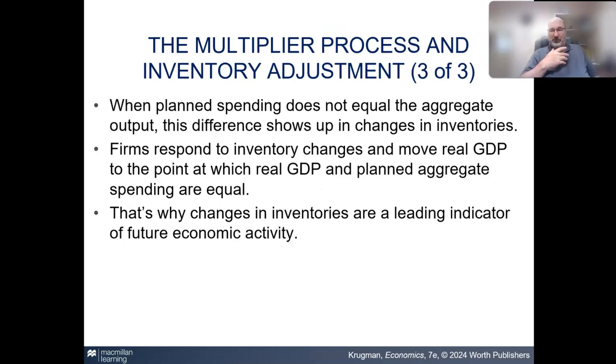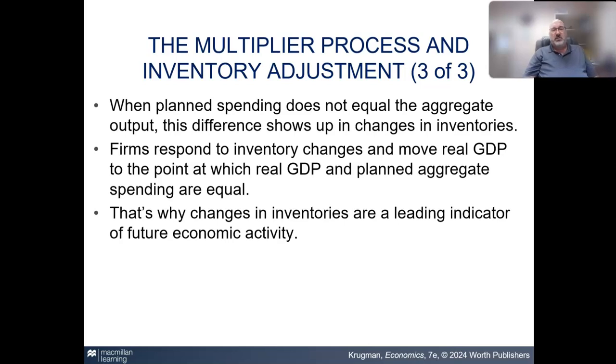So what do we have here? 1 divided by 0.4. So our multiplier was 2.5 times the 400, and that's 1,000. So there we go.